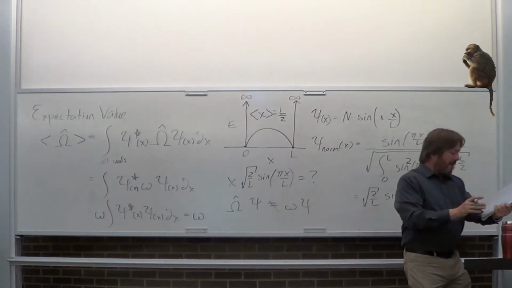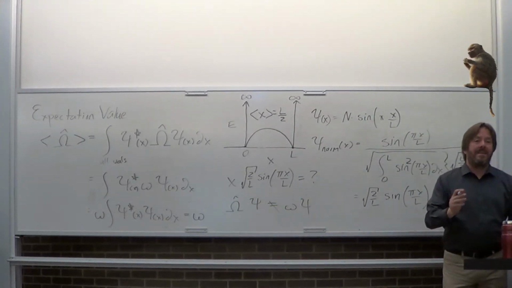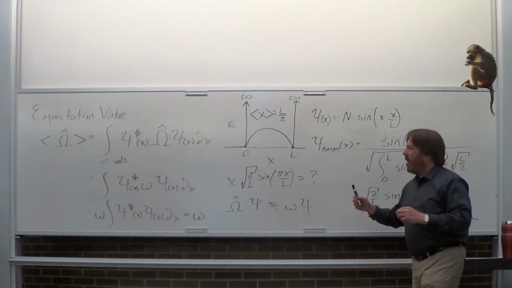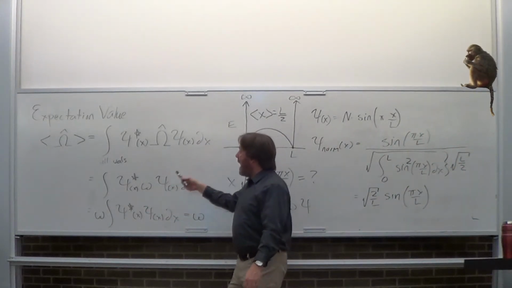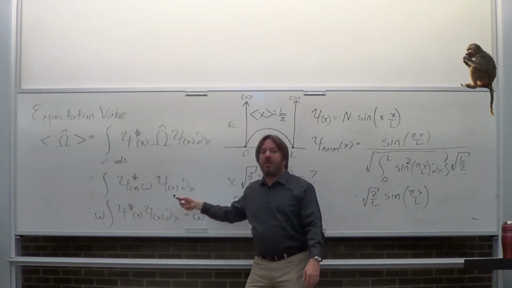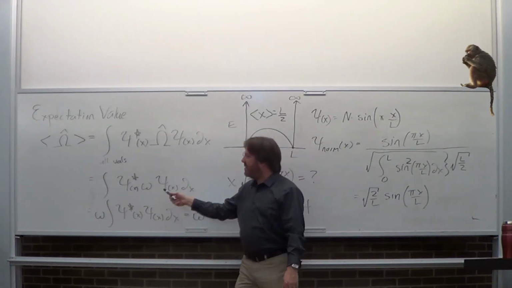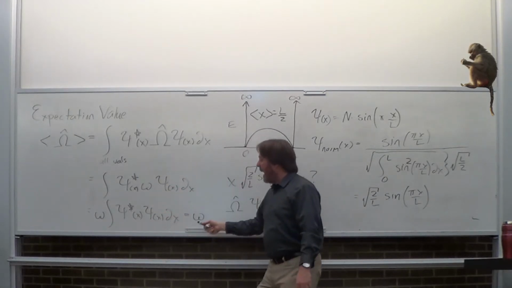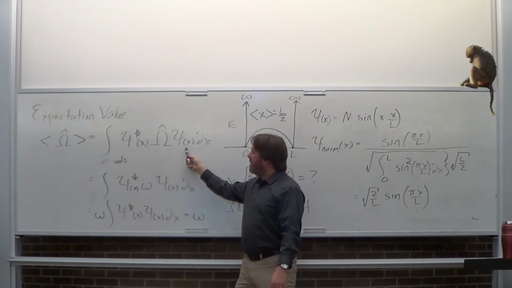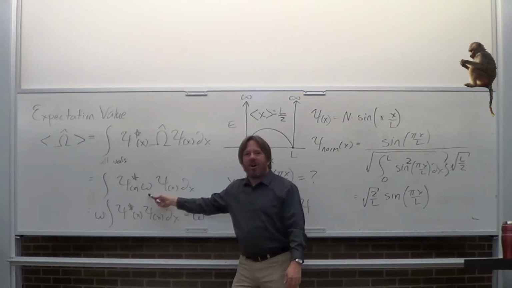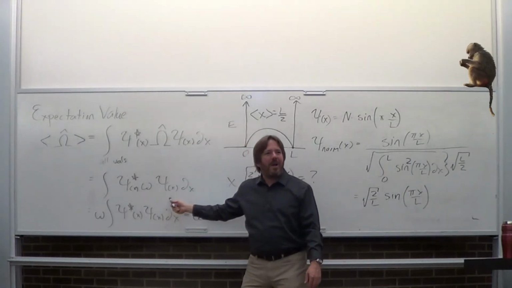Okay, now, I told you I'm going to tell you a little bit about why this works. Now, recall that in the derivation of the expectation value, I used the thing I just described doesn't work. And see, this always bothered me about expectation values. In the derivation of why it works, I just used the x times the sine function, which does not return a value times the wave function.